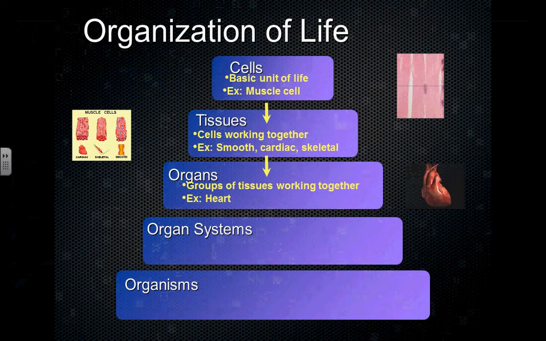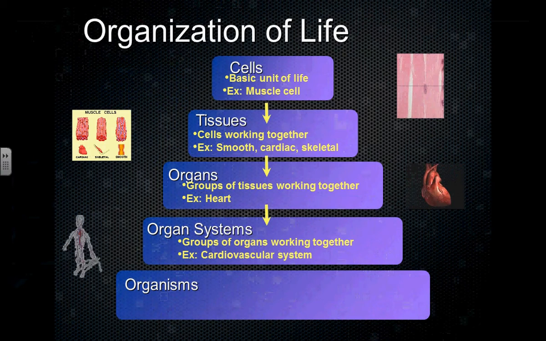And then, when you have a bunch of organs working together to do a job, we call that a system, an organ system. For example, our heart, working with our arteries and our veins and our capillaries, forms the cardiovascular system. It has a job to do.